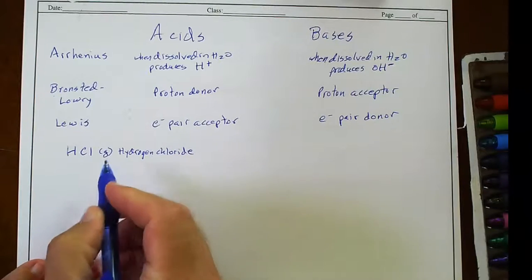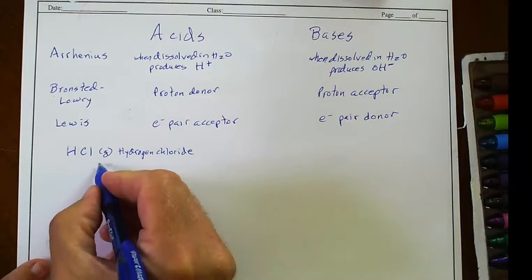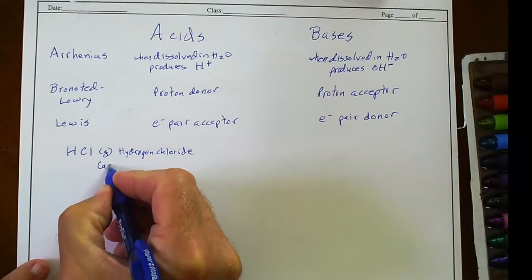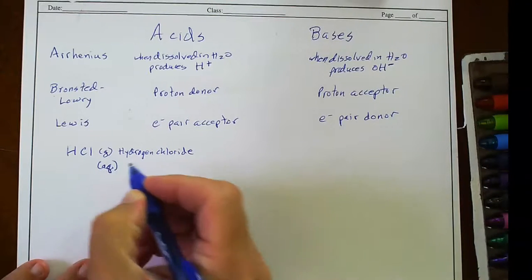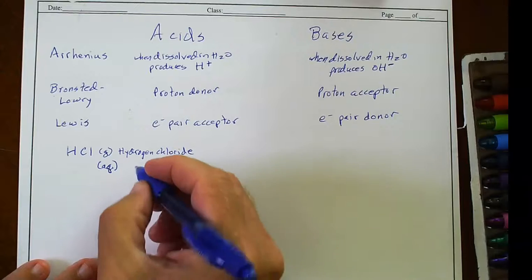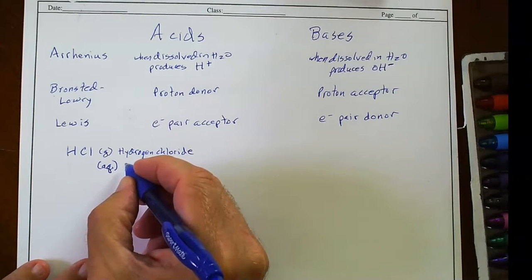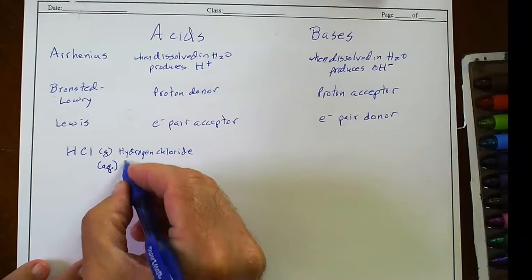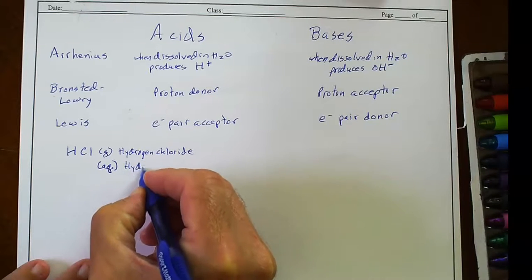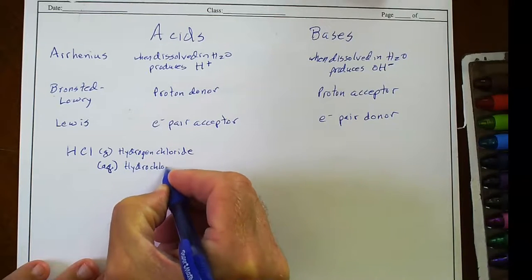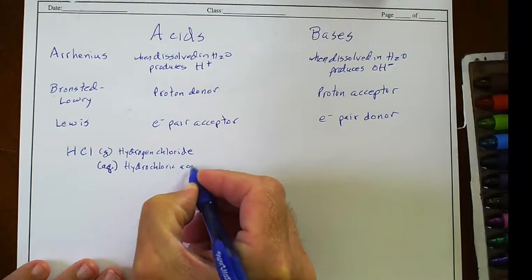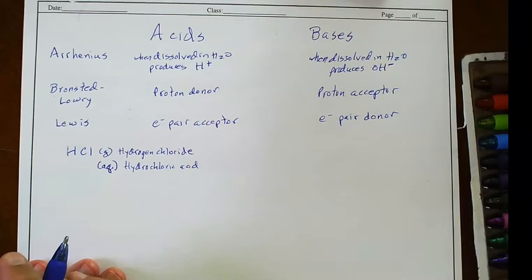But we will normally not deal with this as a gas. We will see this in an aqueous solution, in which case we would name it the way our nomenclature flowchart tells us to name it, which is hydrochloric acid. Okay, hydrochloric acid.